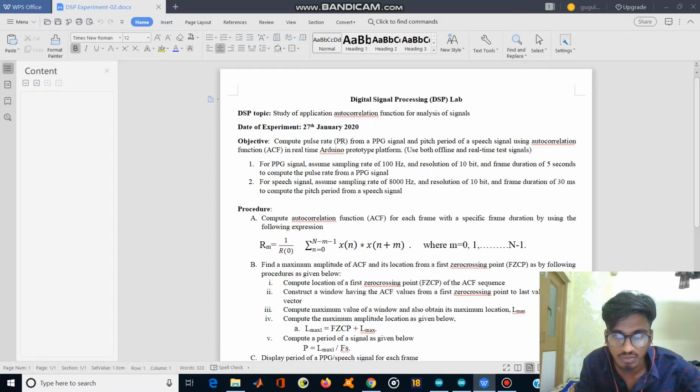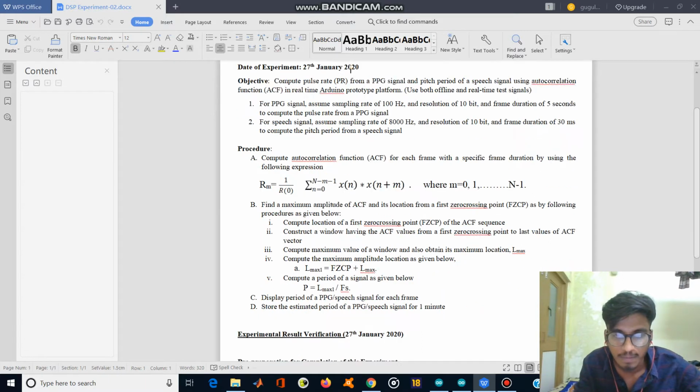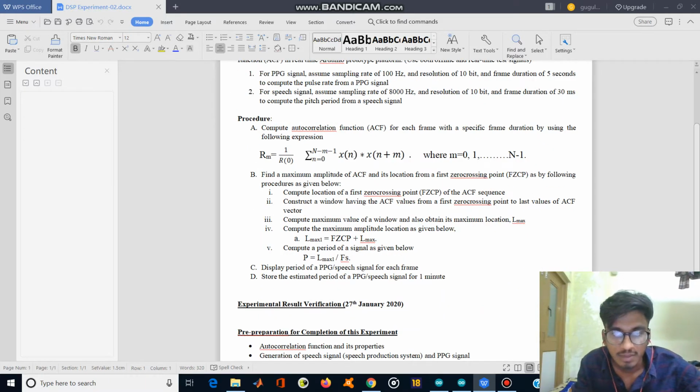Here m is the length of the filter. By finding the maximum amplitude of the autocorrelation function and locating the first zero crossing point, this is the procedure to follow, and now we will see the code.